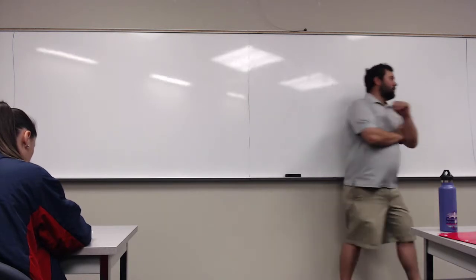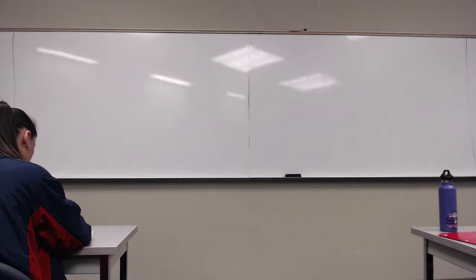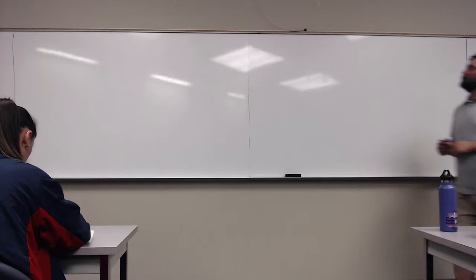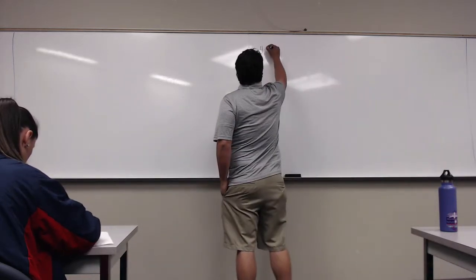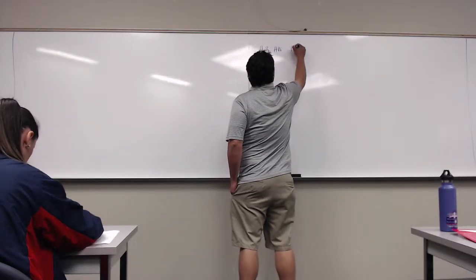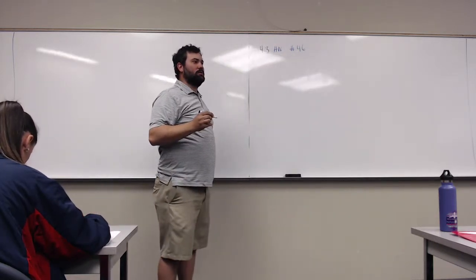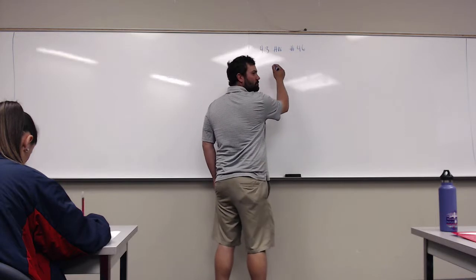Okay, so anybody have any questions on the homework I just passed back, just to maybe go through one or two of them for clarification? Number 46. Okay, so the 4.3 homework, number 46, and was that a sketching one as well? Okay, so what was the function?